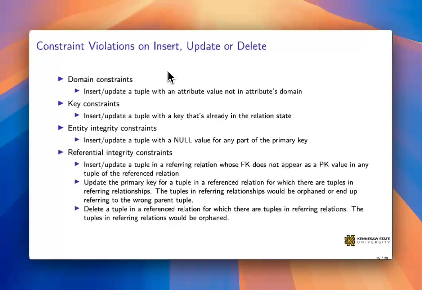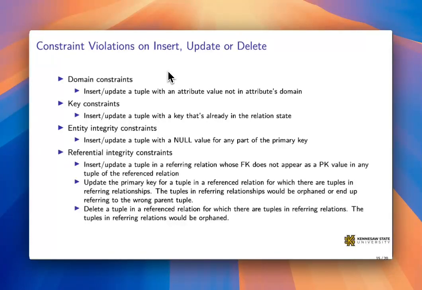Whenever you insert data into a relation, update the data in a relation, or delete data from a relation, you risk committing a constraint violation. For example, when you put a tuple into a relation and it has an attribute value that's not in the attribute's domain, that's a domain constraint.